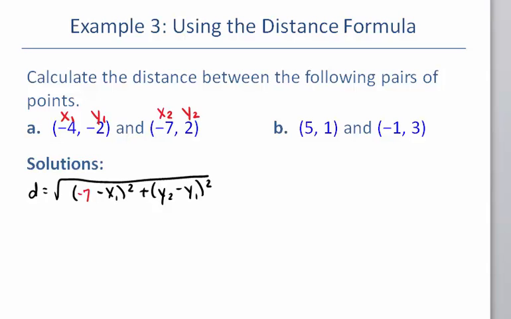And in place of the x1, I'm going to enter in a -4. And in place of the y2 in the formula, I am going to enter in a +2. And in place of the y1, I'm going to enter in a -2.